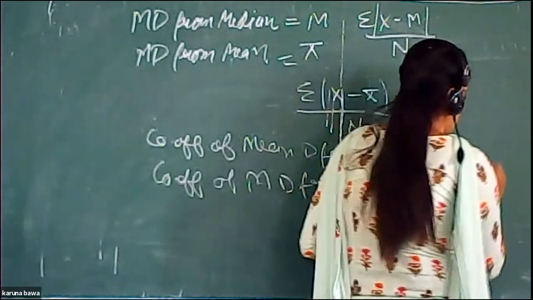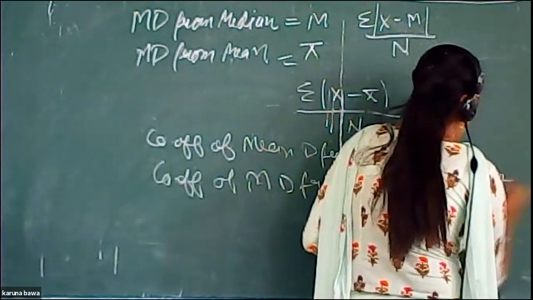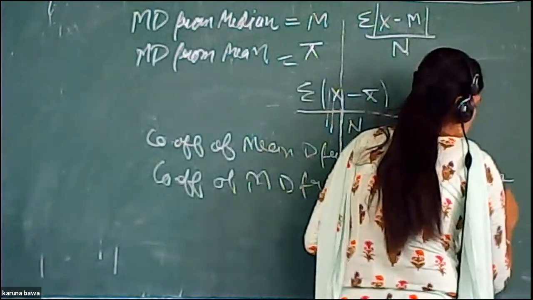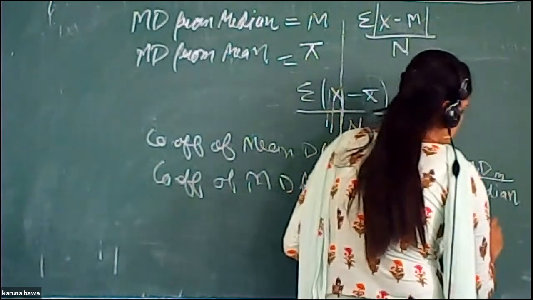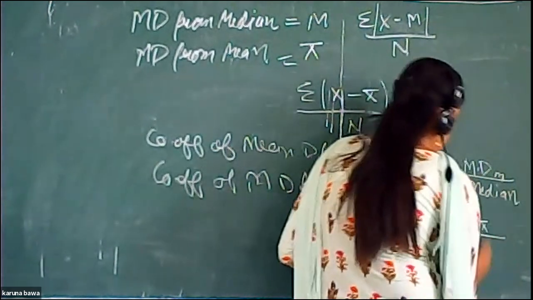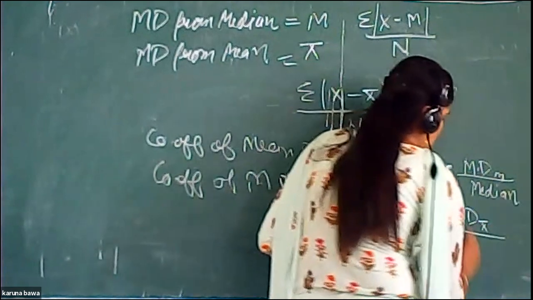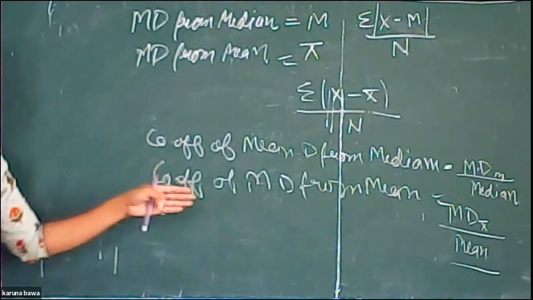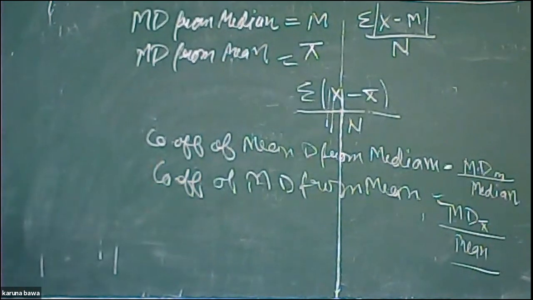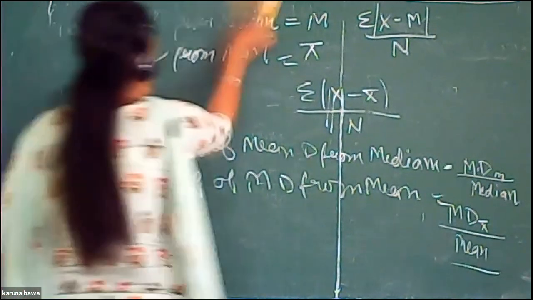Mean deviation from median is divided by the median value. Mean deviation from mean is divided by the mean. So this is the coefficient of median and mean. Now let's start with the individual series.